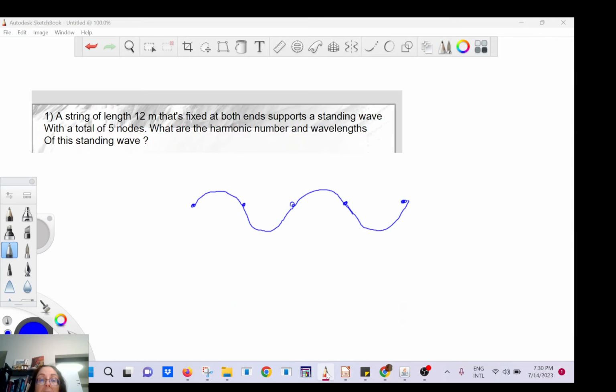We were here. Okay, so 5 nodes, and you count. So that will be the string at its equilibrium position. And now you have 1, 2, 3, 4 antinodes. So that's n equals 4. So that will be the fourth harmonic. So the harmonic number is 4, and the wavelength equals 2L divided by 4, right?